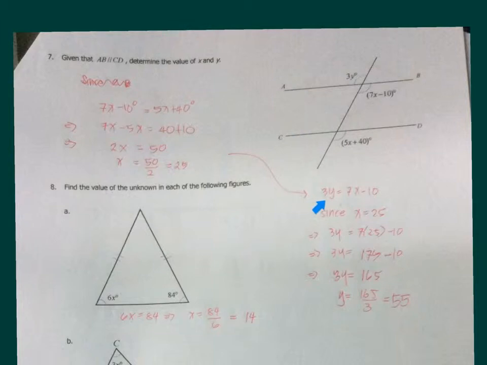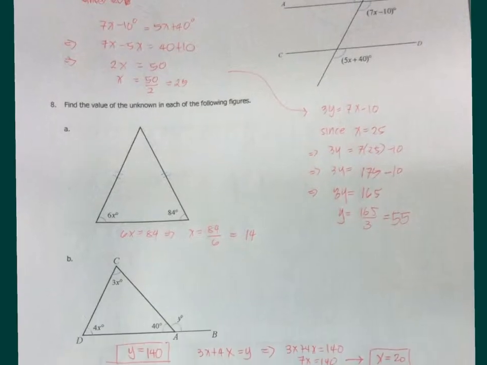As you can see in my solution, we already found the value for x, and that is 25. So you can change that x to 25, and 3y is equal to 7 times 25 minus 10. Then just solve this equation until you get the value of y, and y should be equal to 55.